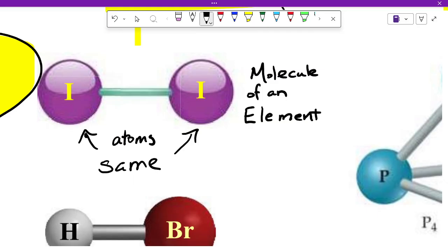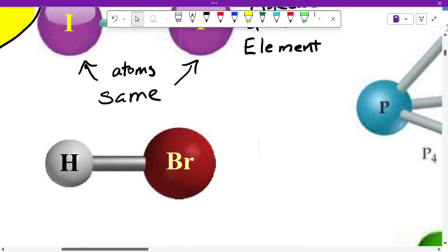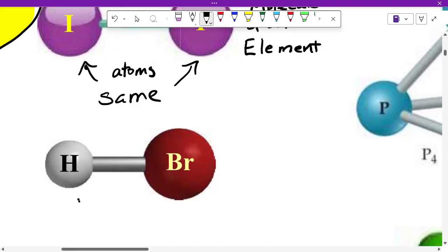And because we're going to write the word molecule a lot, I would like to introduce you to my shorthand way of writing molecule. Capital M, capital C. MC is short for molecule. You can have a molecule where the atoms are different.